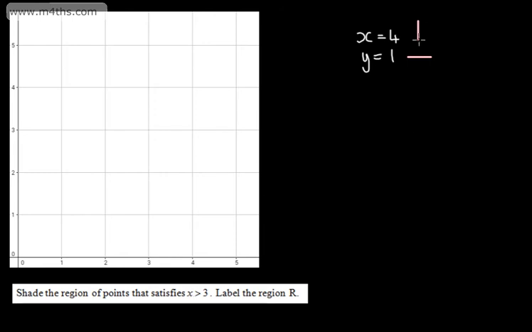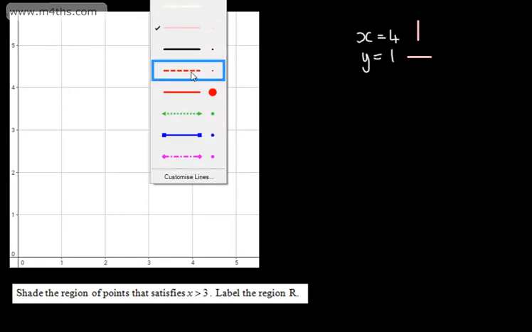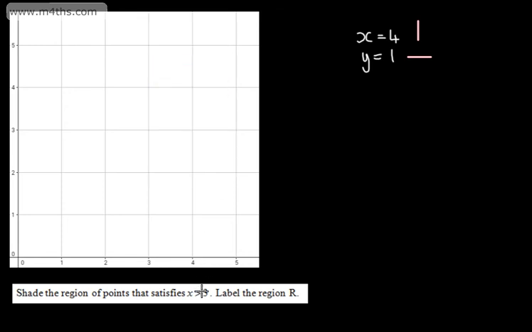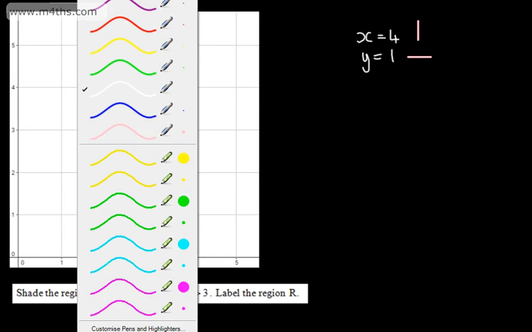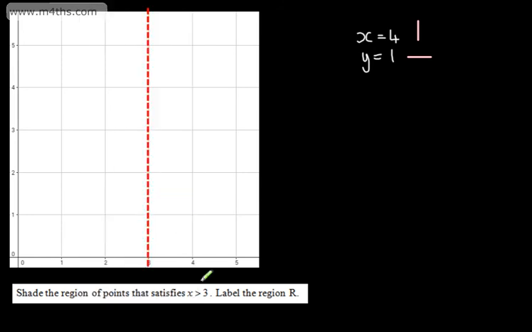When we're using inequalities, of course, we'll have our broken lines where necessary. So if I look at this one here, what I need to do is locate x is equal to 3. We know that it's a strict inequality, so all I'm going to do is draw this broken line here. What we now need to do is shade the region that satisfies this inequality. If you're unsure, you can test a point.